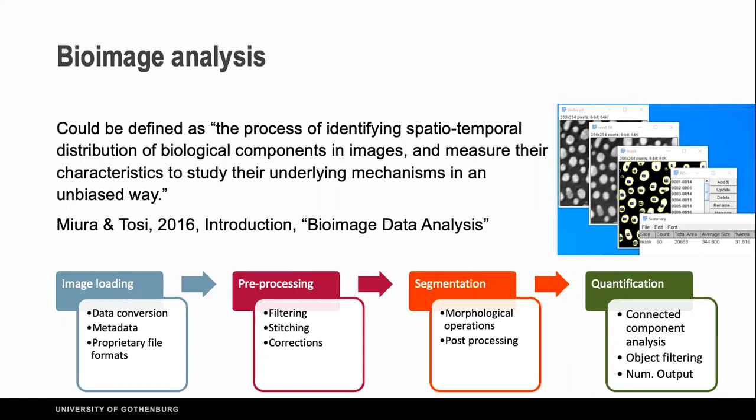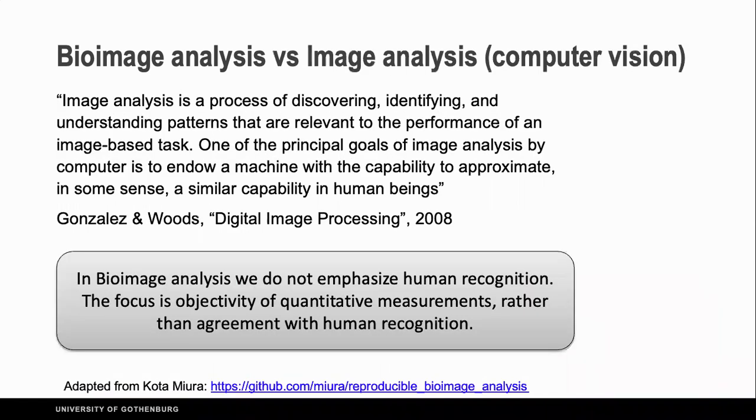All right. Now there is another thing which I think is important, especially in this community, which is to keep in mind that there are some differences between what we do and what people usually classically identify as image analysis or computer vision in other fields. Because in many other fields, what they are trying to do is replicate human accuracy at certain tasks, right?